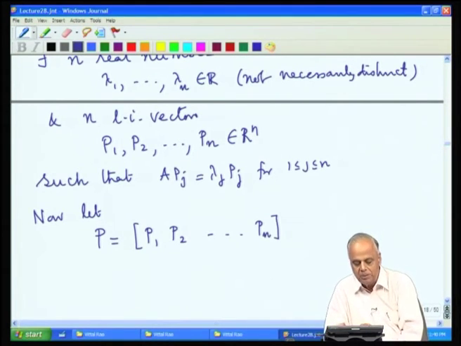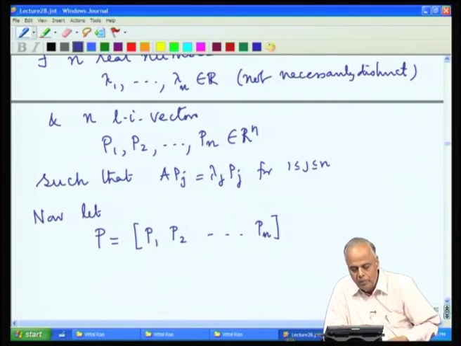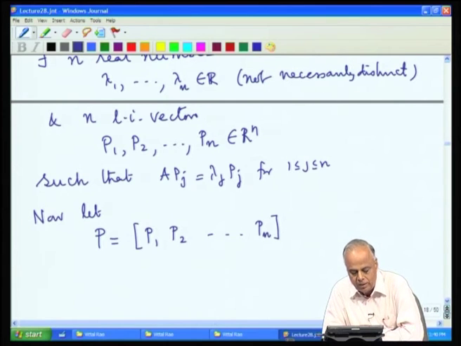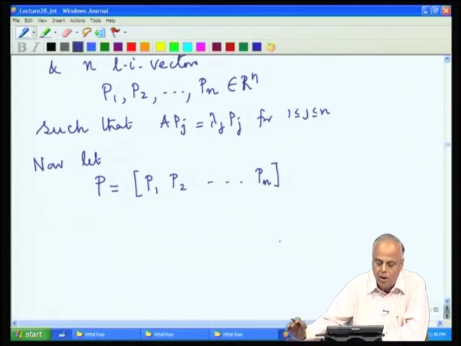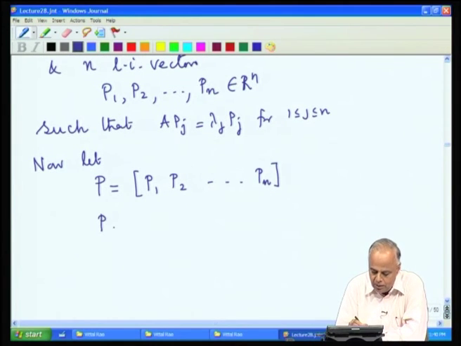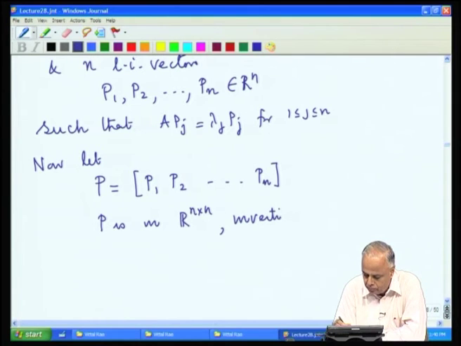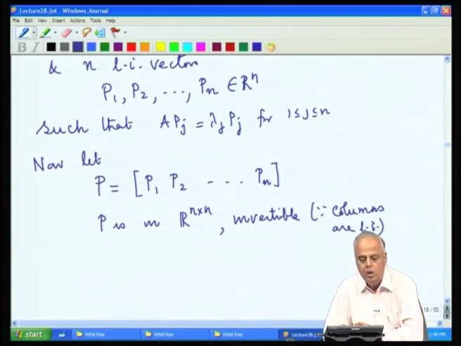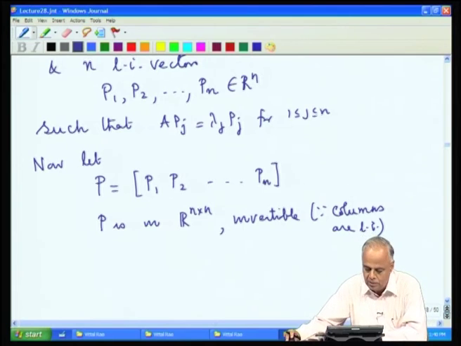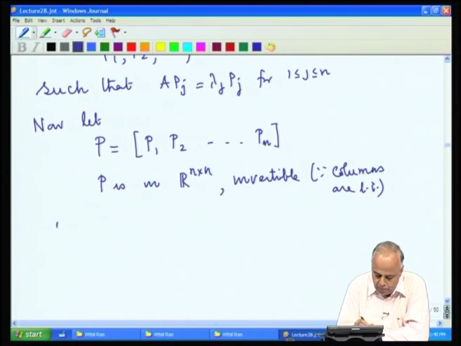So, now we construct this matrix P. Once we know that these n vectors are there, we are given there exist these n linearly independent vectors, we construct this matrix P, and since these are all linearly independent, P in R n by n is invertible because columns are linearly independent. So, we have an invertible matrix. Then what is AP?